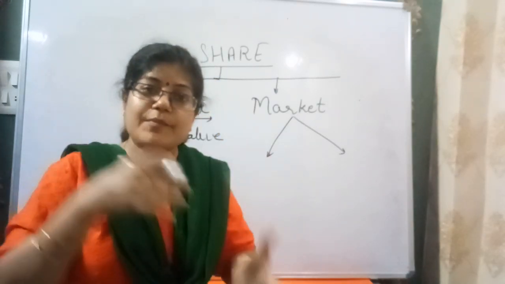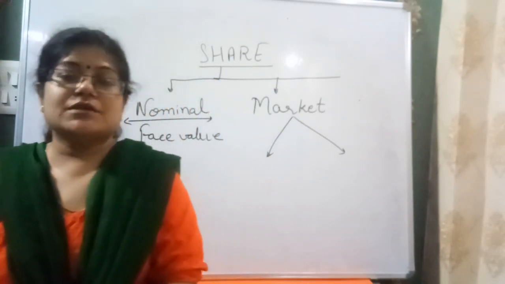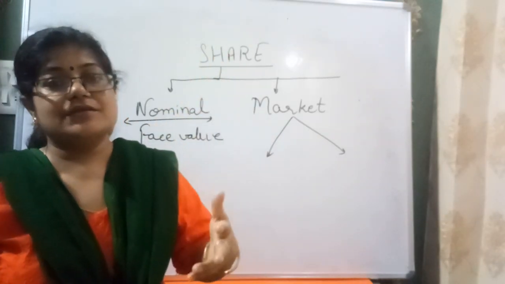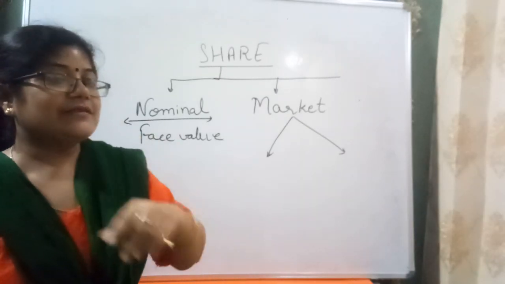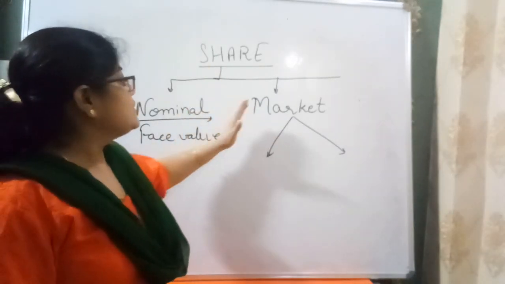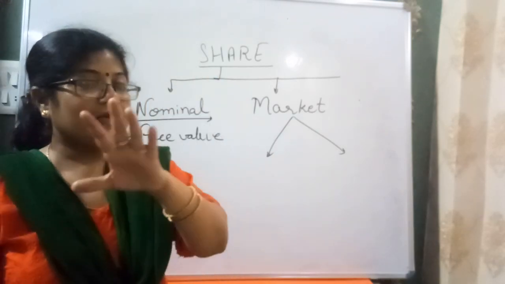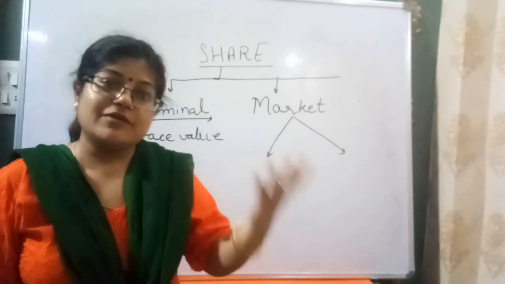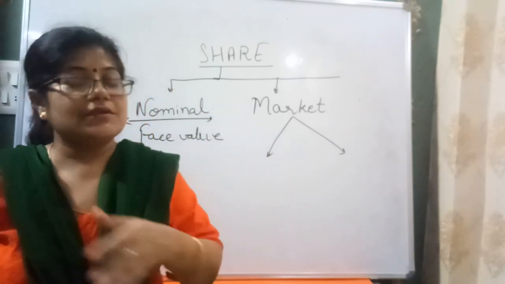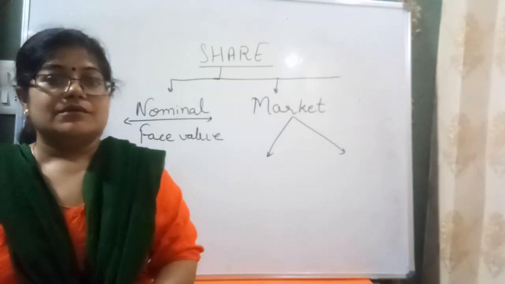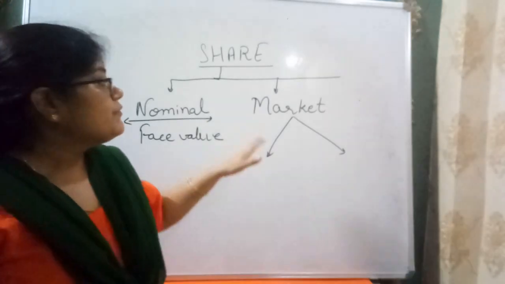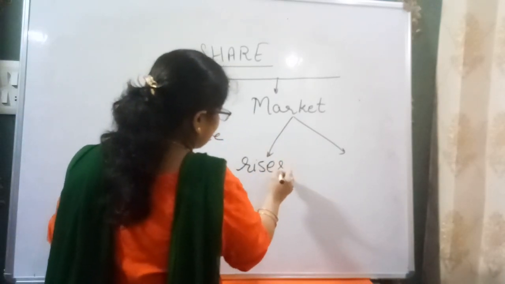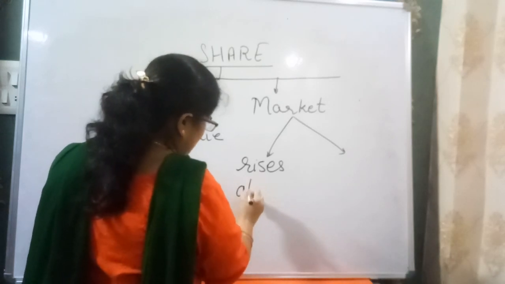Sometimes according to the reputation of the company, according to the circumstances of the society, the prices of the share hike, they rise. Okay, and in that case, one thing I also want to add here. Sometimes the price of the shares rises, and sometimes the price of shares goes down. When the price of the share rises, that means hikes, it is known as above par.